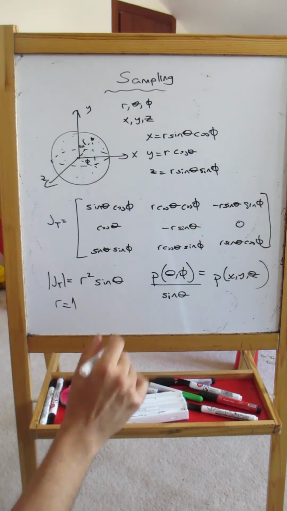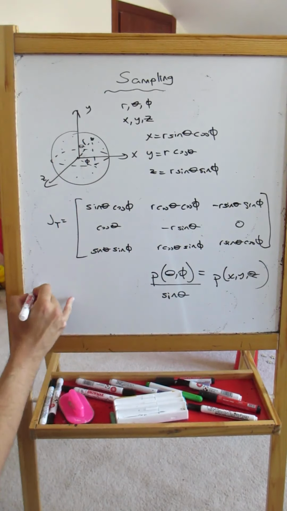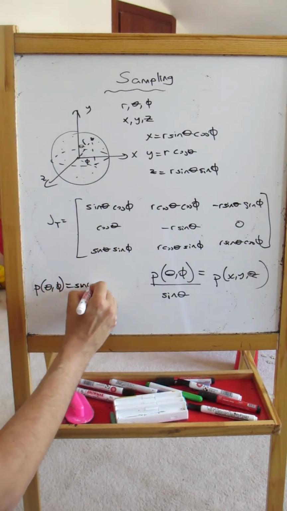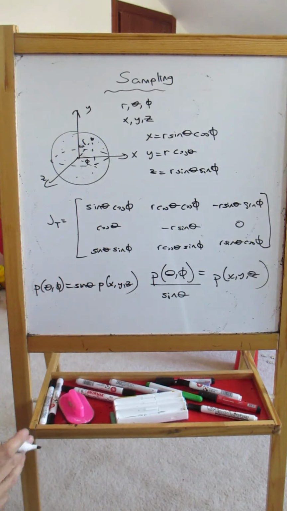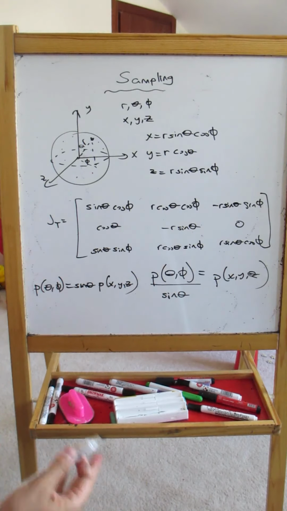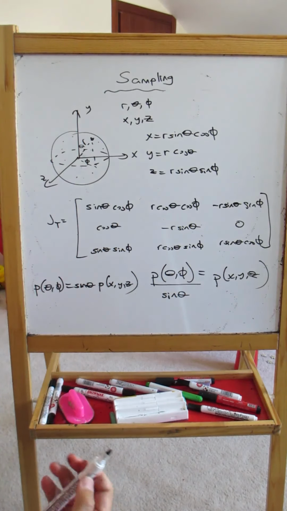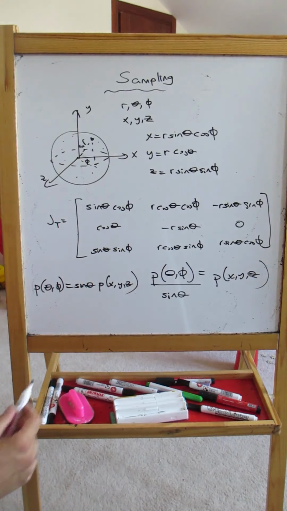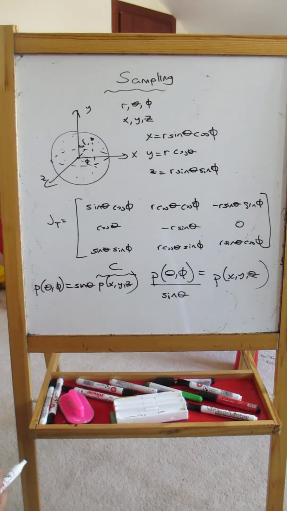So if you rewrite this, probability of theta phi is equal to sin theta times probability of x, y, and z. Now, I want to sample uniformly, so I want every direction to have equal probability. In this case, the probability of x, y, z should be c, constant.